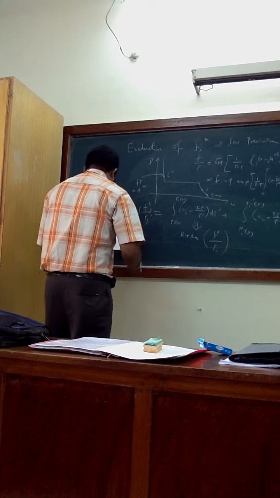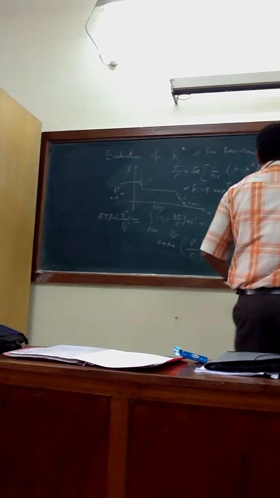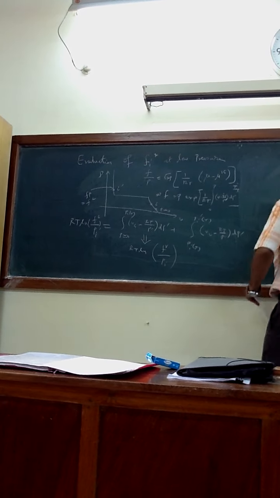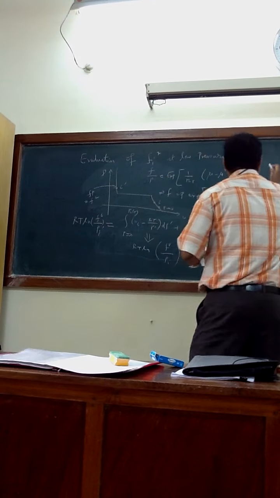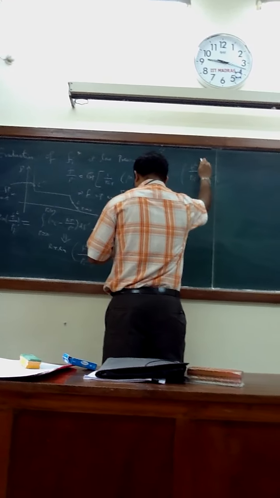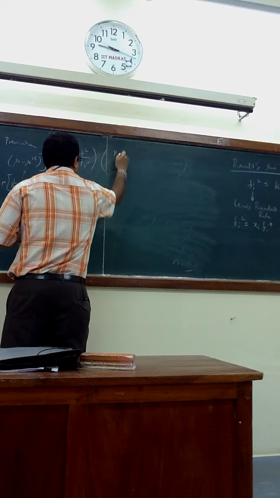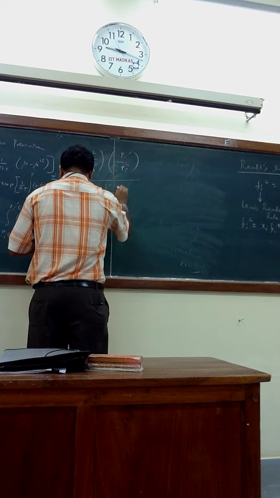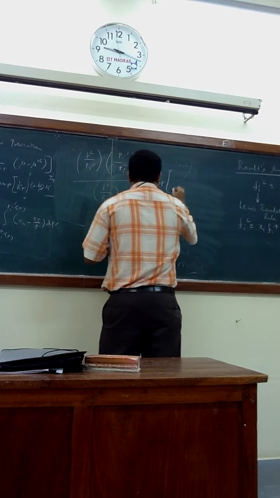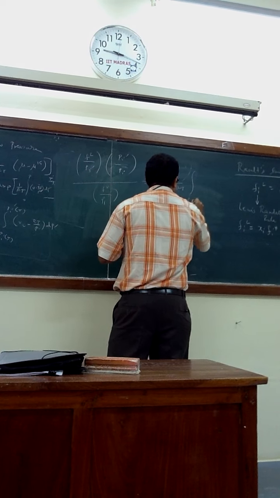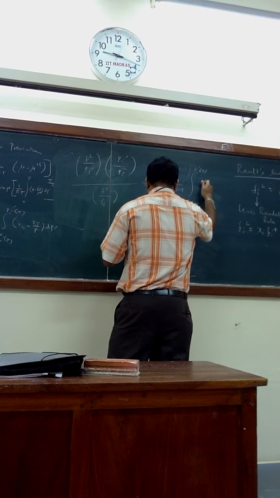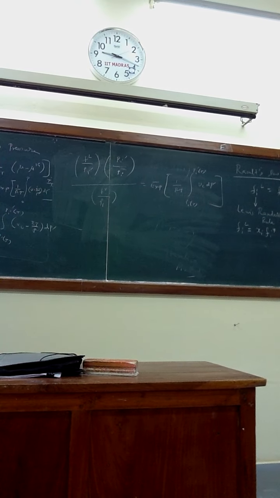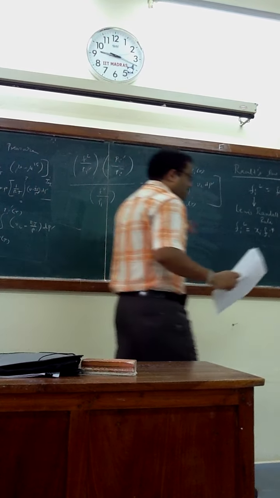Overall we have already got a nice formula here: FL by Pi prime, Pi prime by Pi, which is FB by Pi, which is exponential of 1 by RT, integral from Pi to Pi prime of VL dP. That's what we have done earlier. This is the Poynting pressure correction.